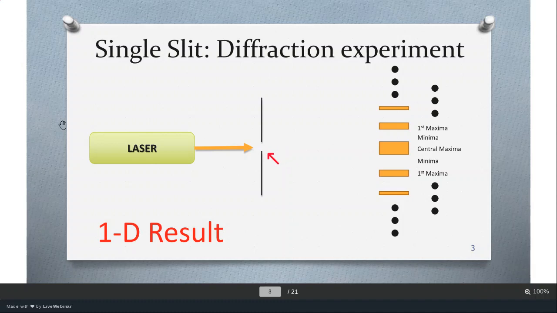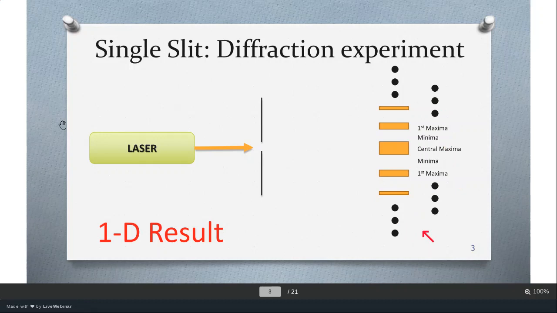We point the laser onto it, and we can see this diffraction pattern at home also. This is the one-dimensional result, with a central maxima, minima, first maxima and so on, a symmetrical pattern on both sides.